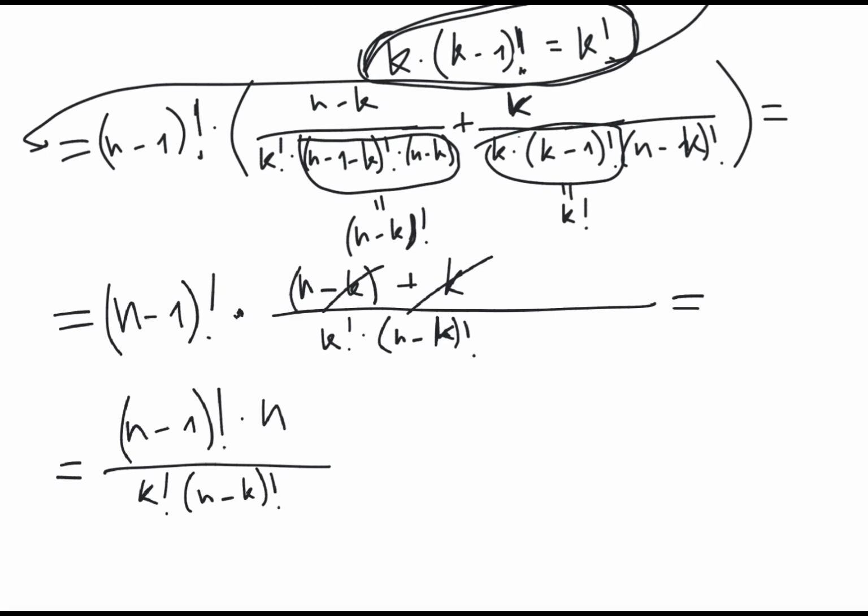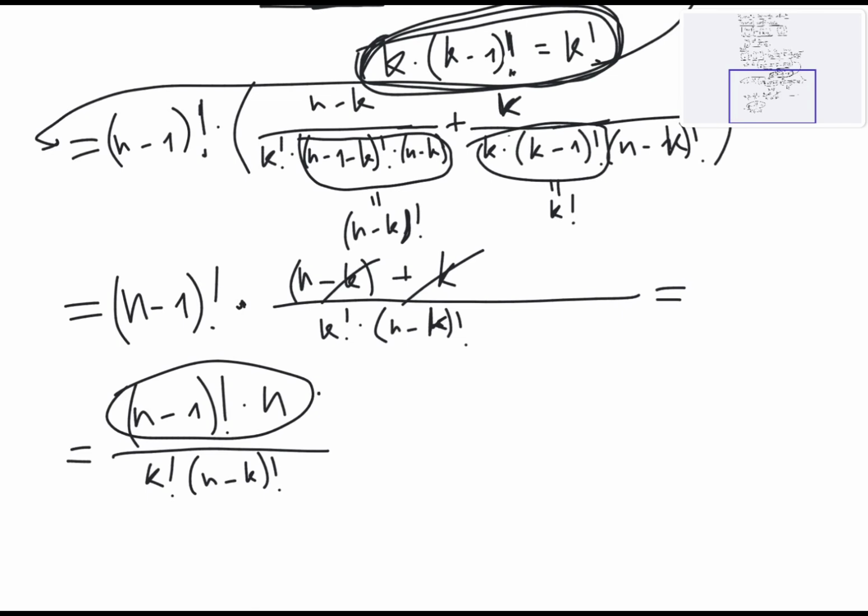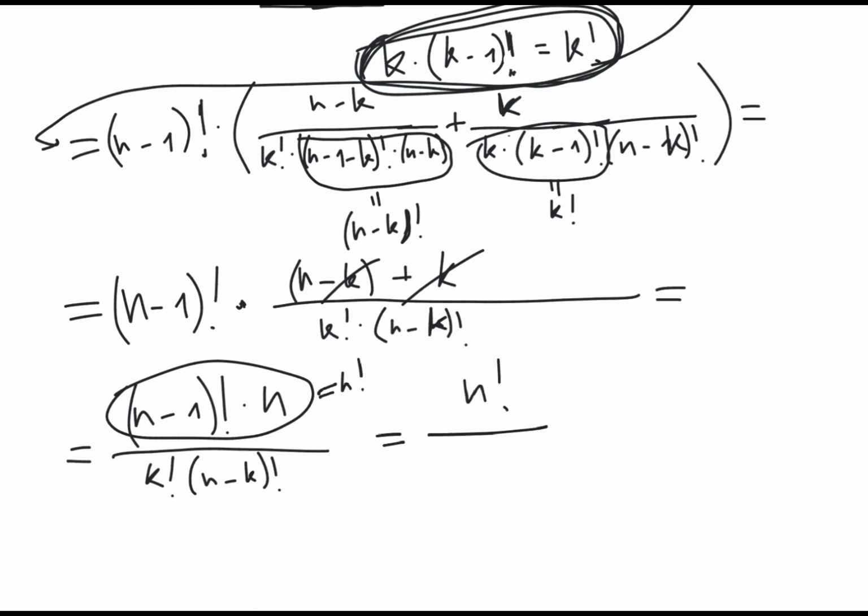So now n multiplied by (n minus 1) factorial, by the same identity, is equal to n factorial. So this whole fraction is equal to n factorial divided by k factorial (n minus k) factorial.